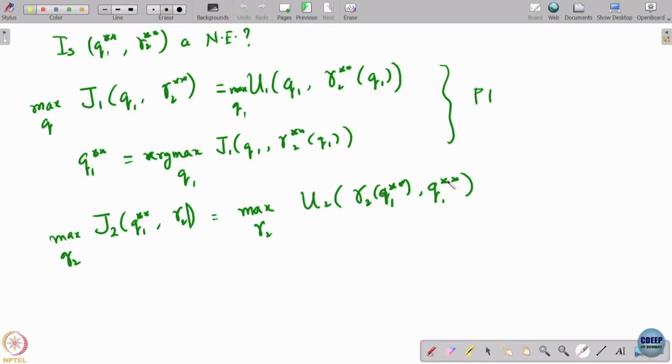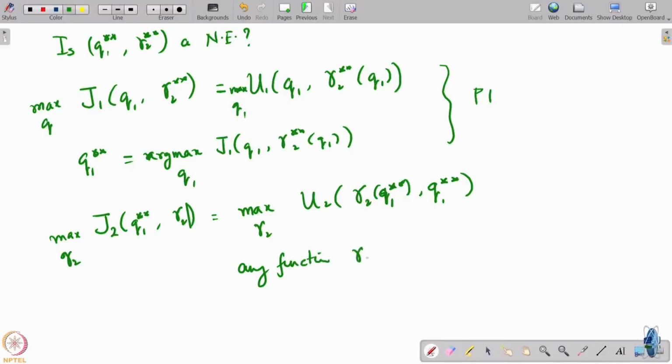Remember, when we are looking for a function of an arbitrary Q1, it makes sense to ask for a function. Now, you are asking for the value of the function only at Q1 star star, right. So really what gamma 2 does at other values of Q1 is irrelevant.